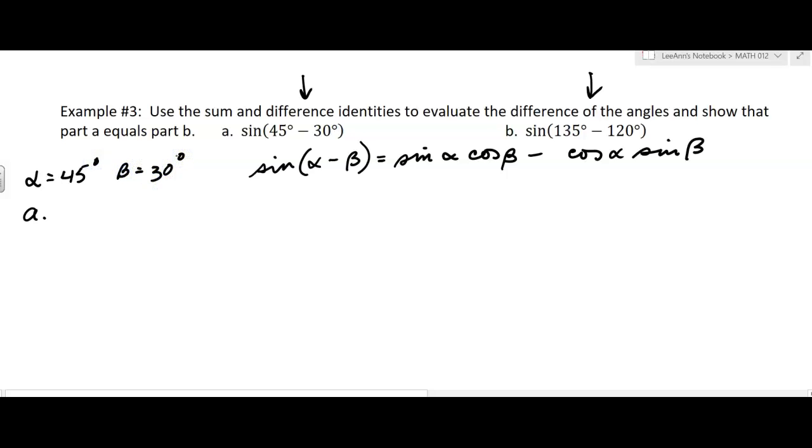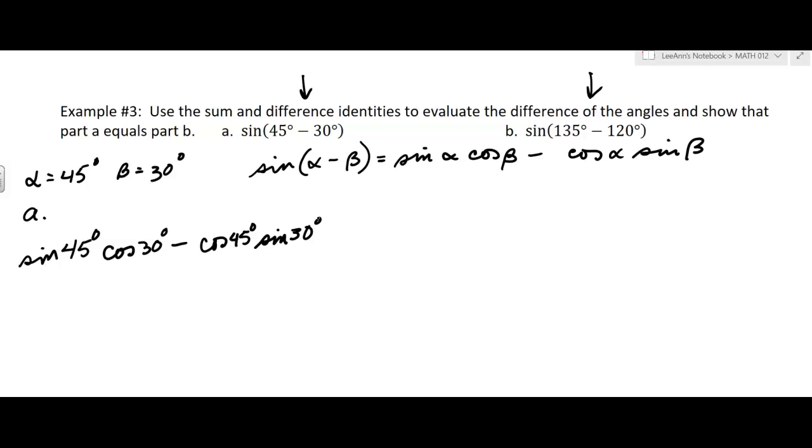Okay, so using the formula then we get sine 45 degrees cosine 30 degrees minus cosine 45 degrees sine 30 degrees. So this is part A. All right, I think I got all my alphas and betas where they're supposed to be.